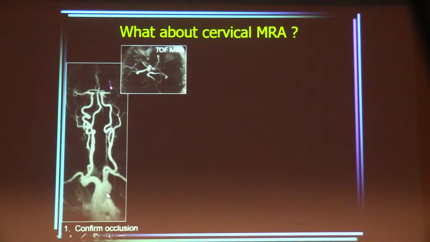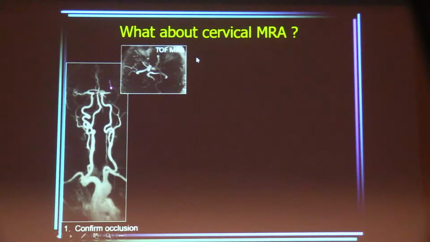I mentioned cervical MR angiography, which was not the case a few years ago, but now we are more and more treating patients with thrombectomy. We need additional information, and we probably need in all patients a view of the arteries going to the clot.